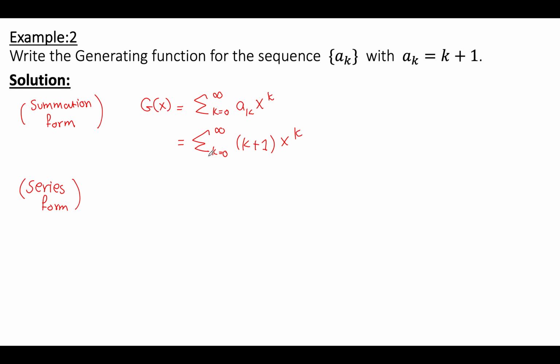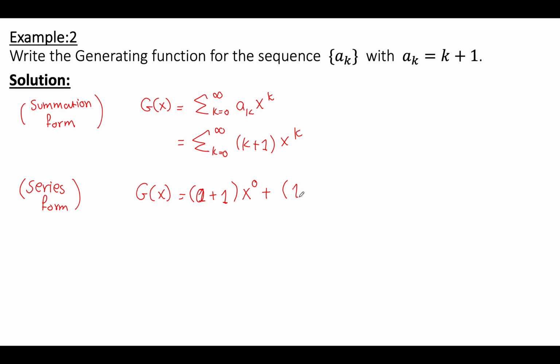Each time we substitute the value of k starting from 0 until infinity. So here g of x is equal to, first, when k is 0, we get 0 plus 1, then x to the power 0.